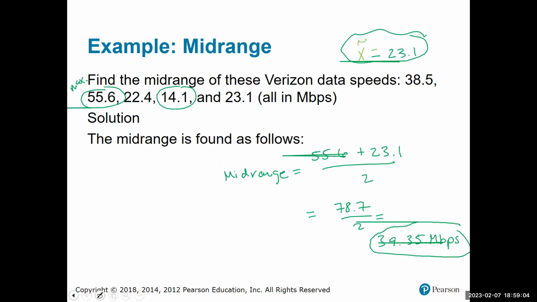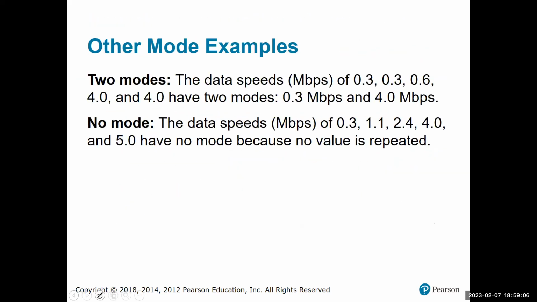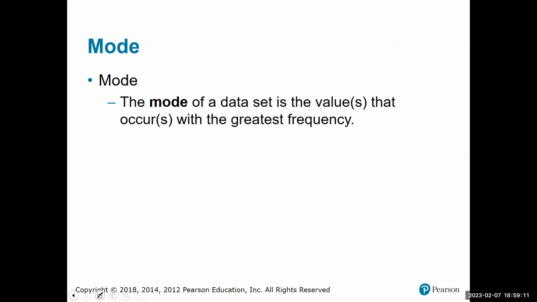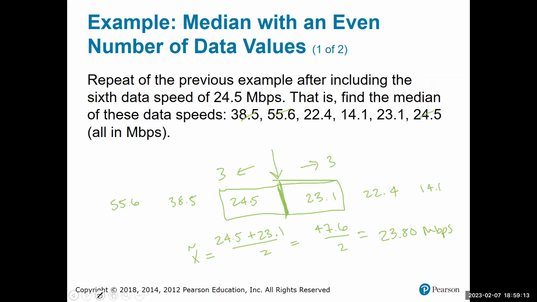So let's see if we can go back here. You saw me do it. Here, this actually divided out to 23.8 exactly, right? When you put 47.6 divided by 2 into your calculator, it will give you 23.8, even though it ended there. I'm going to add that 0 at the end, because the data has 1 decimal place, so the median should have 2.